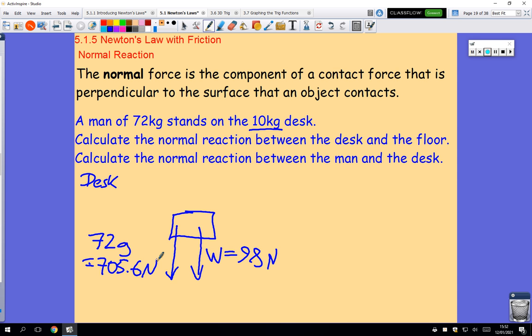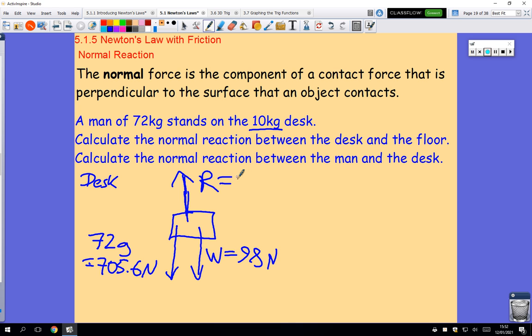Again, assuming the desk is just standing on the ground and is not sinking into it, the desk is pushing on the ground, which means the ground is pushing back on the desk. The desk is not accelerating downwards, nor is it accelerating upwards, which means this upward force, this normal reaction here, will be the combination of these two values.